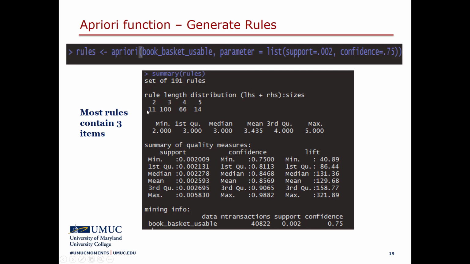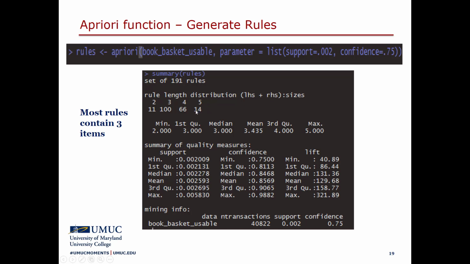So here with the distribution, 11 of the rules have only 2 items. That means 1 on the left and 1 on the right. And 100 of the rules have 3 items, 66 of the rules have 4 items, and 14 of the rules have 5. By default, the Apriori algorithm in R limits rule lengths to 5, which you can change, but right now that's part of the reason why you don't see more than 5.